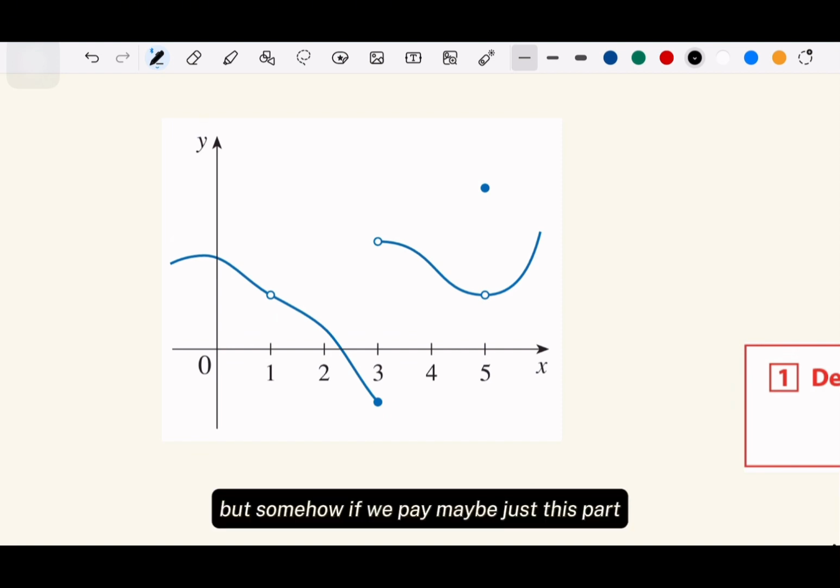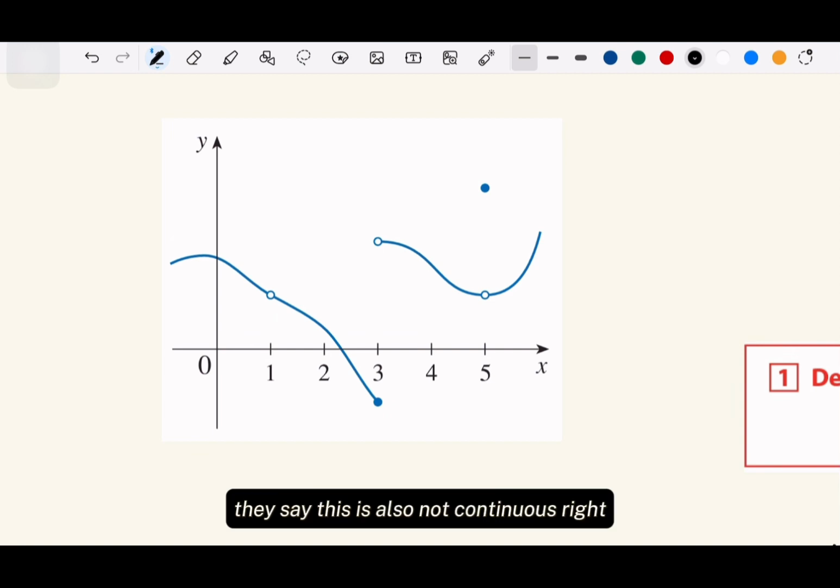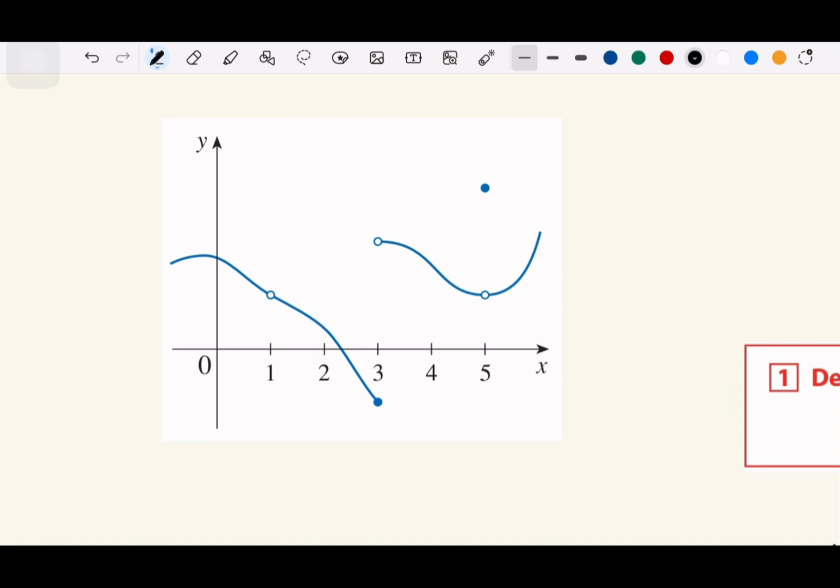But if we take maybe just this part, we can say it's continuous, but only on the left. And then we can say it's continuous on the right side only, right? But if we see the whole curve, we say it's not continuous. Now, if we look at this part here, we can say this is also not continuous, right? It's obvious because they are far apart.